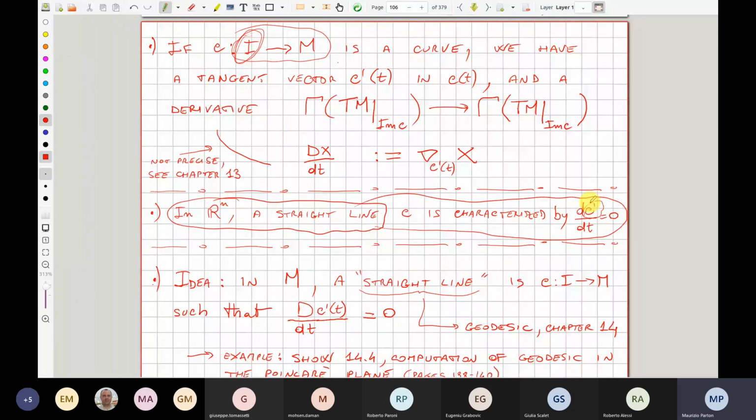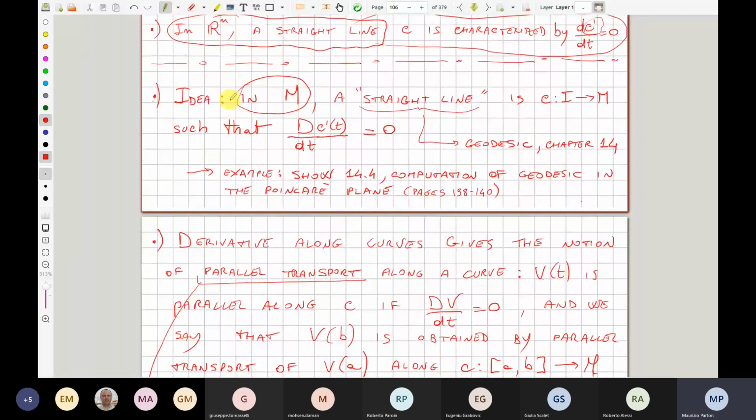So, idea. I want to define the straight lines in a general manifold. I can do the same. I take the tangent vector to a curve. I take the derivative, that is the derivative that I have because I have the Riemannian connection, okay? And I use as the direction, I'm taking the derivative on exactly the tangent vector.